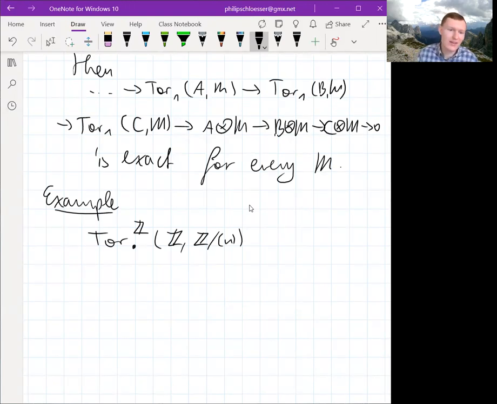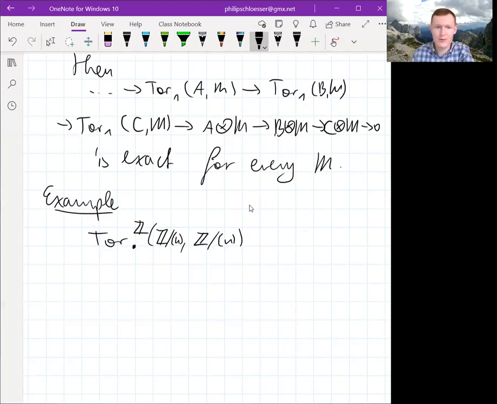So firstly, this thing is symmetric, so it doesn't really matter in which order we do this, in particular, if we take tensoring with Z or tensoring with Z modulo n. Well, okay, in this case, my comment doesn't really say much.